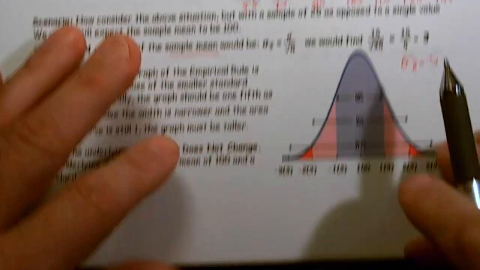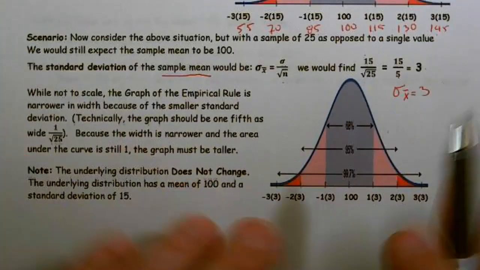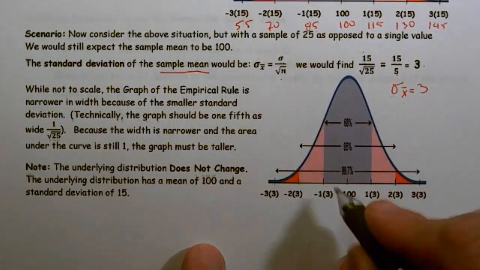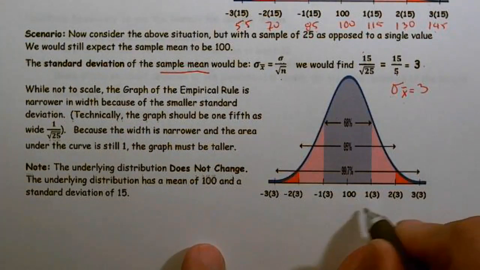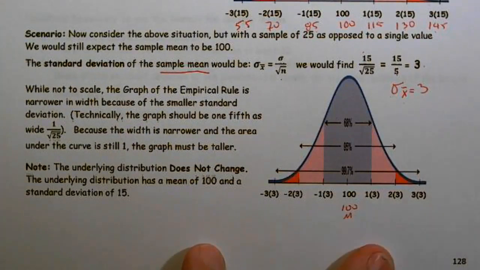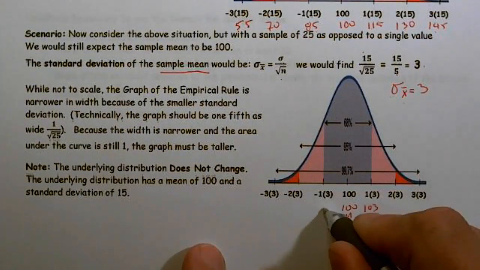So now, where we used to have a 15, we're spreading by 3s. So 68% would be, our mean is still our mean, and that's really nice. The mean doesn't change, but this is 103, and this is 97.